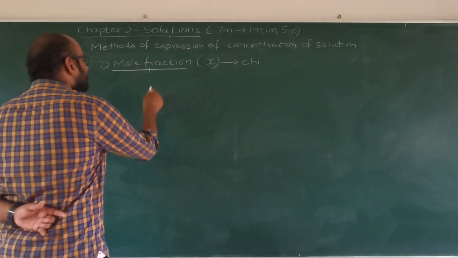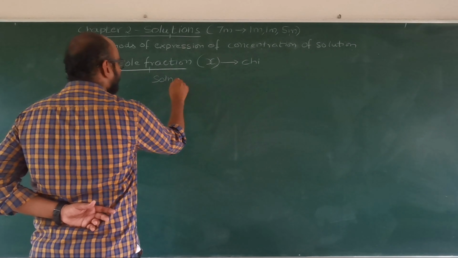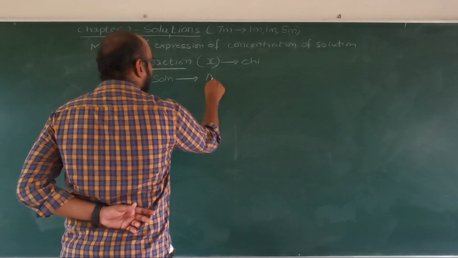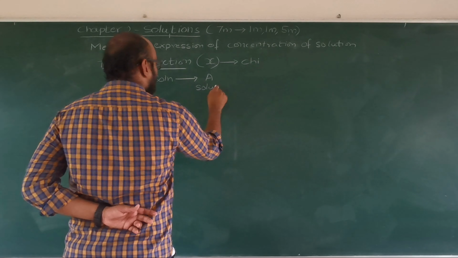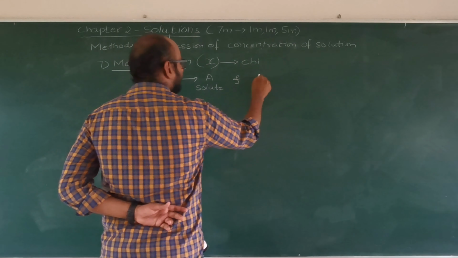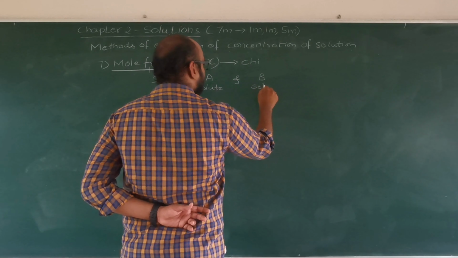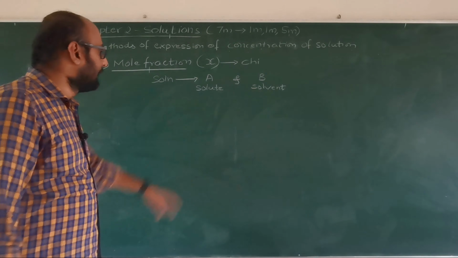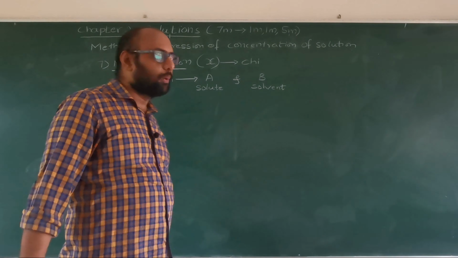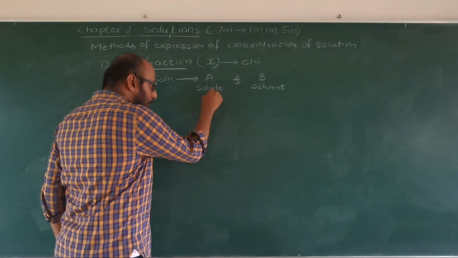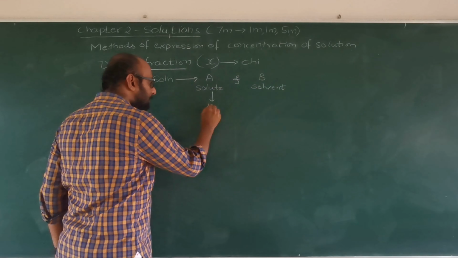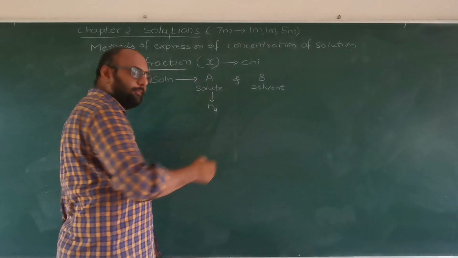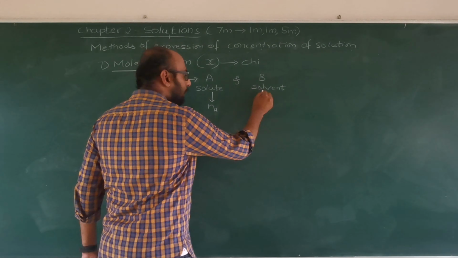Suppose there is a binary solution in which A is the solute and B is the solvent. Number of moles of A will be expressed by Na, and number of moles of solvent by Nb.